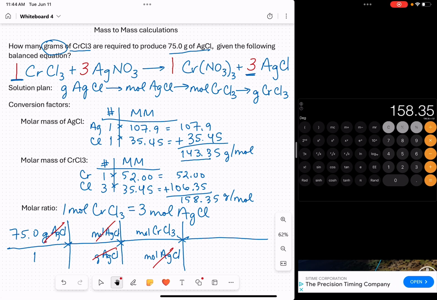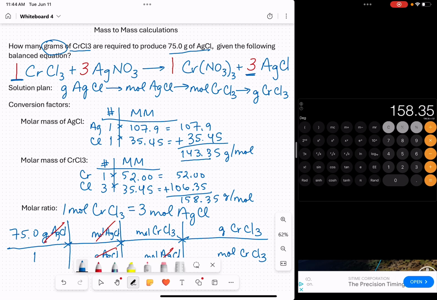Step 3 is going to be converting moles of chromium 3 chloride to grams of chromium 3 chloride. And now we can see that moles cancels out and we're left with grams of chromium 3 chloride, which is what we're looking for. Now I have to fill in the numbers.